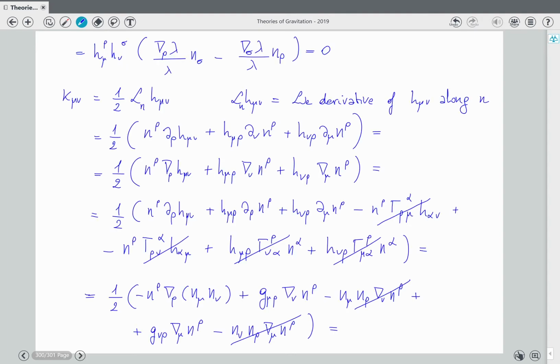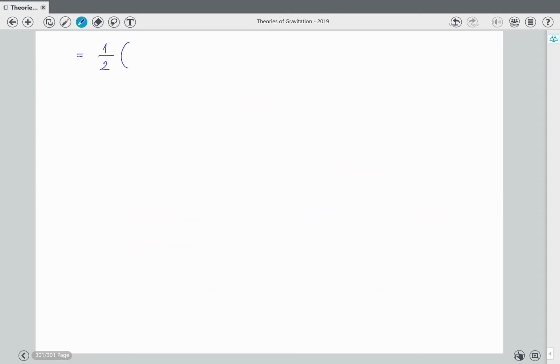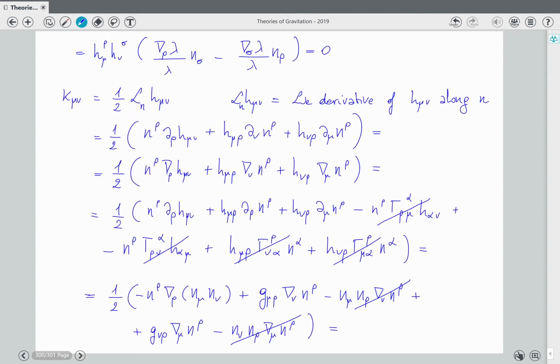Let's apply the Leibniz rule, minus n rho del rho n mu n nu minus n rho del rho n nu n mu. And then this G can be taken inside the covariant derivative, so that's just del nu n mu.